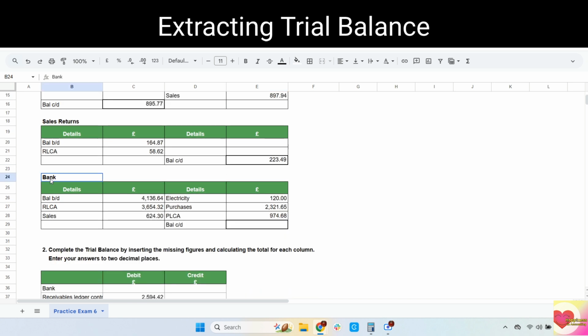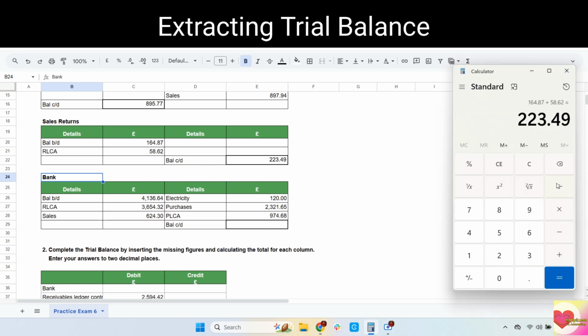And the last is the bank account. So we have entries on both debit and credit. So let's get the total of each side. Then let's write them down here to the side.